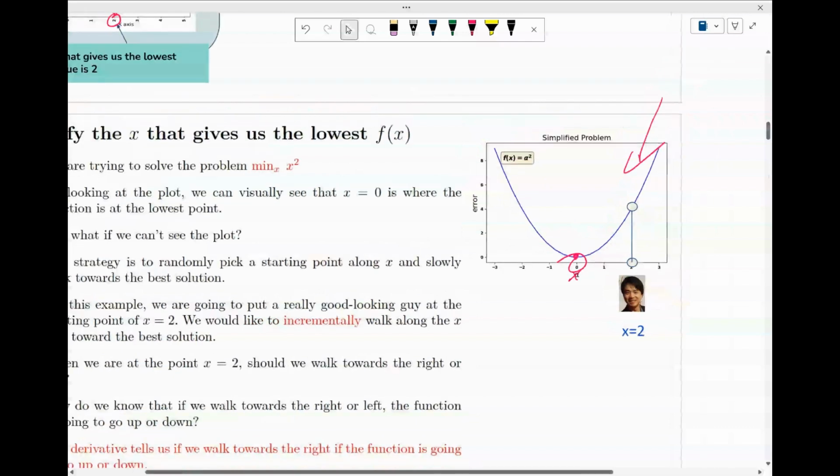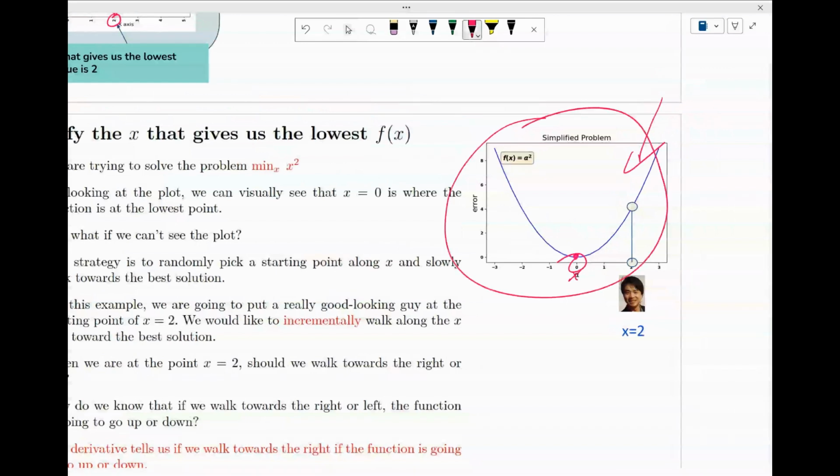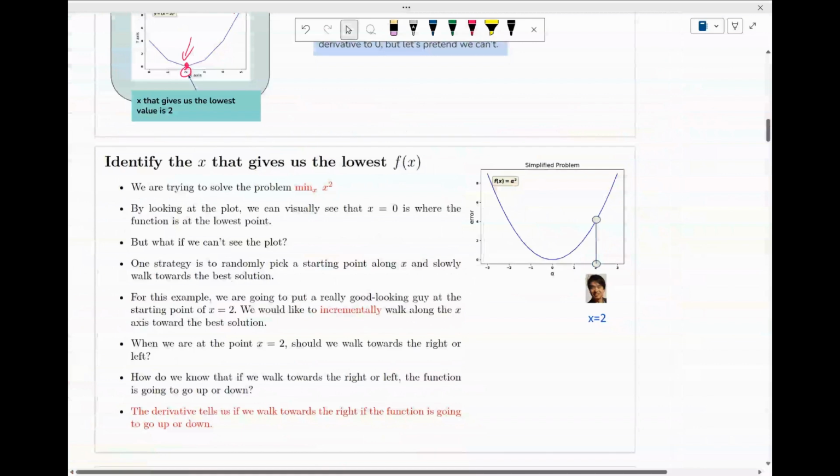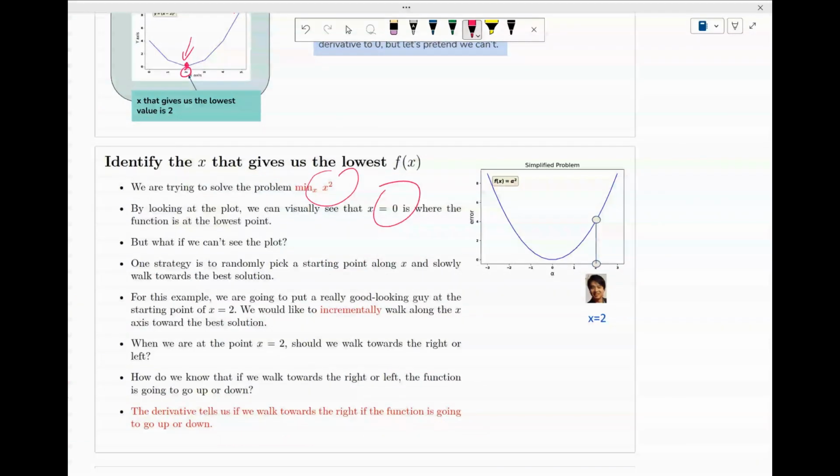You can also take the derivative, 2x, and you can see that if you plug 0 in here, the derivative is 0. So this particular example is very simple, but for the sake of demonstration, we're going to pretend that we can't take the derivative and set it to 0. In that case, how can we still identify the lowest point?